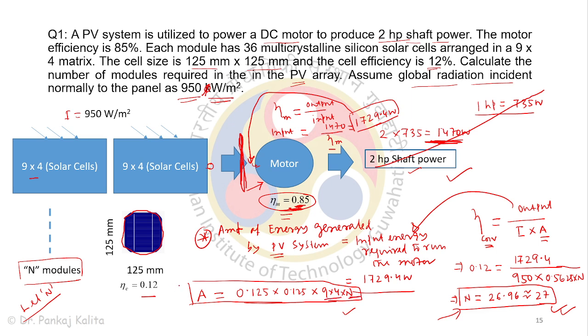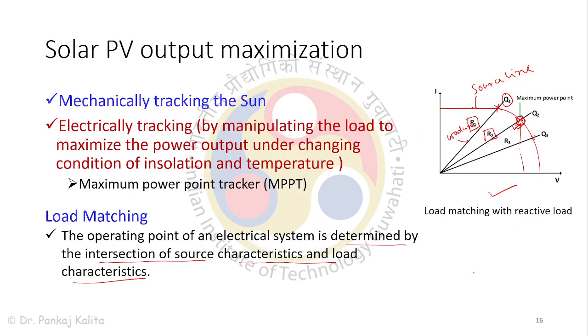So this is the actual required area to generate this much power. If you put it into the equation for the conversion efficiency of this PV module, it will be output upon input. Input is the incoming solar radiation on this area, and output is the required power, 1729. If you put in all these parameters, you can calculate the number of modules. I hope the concept behind this question is clear.